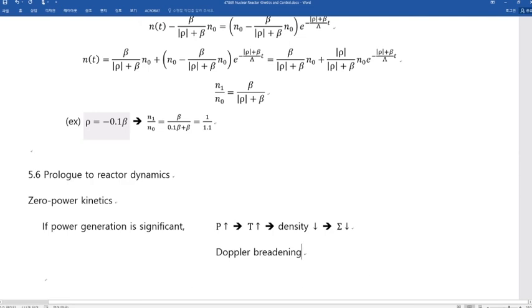And also, thermal reactors will also be hardened, because the Maxwell-Boltzmann distribution also has some dependency. So, what about Doppler broadening? By Doppler broadening, as temperature increases, more neutrons will be absorbed, and eventually power will decrease. So we need to think about such feedback effects.